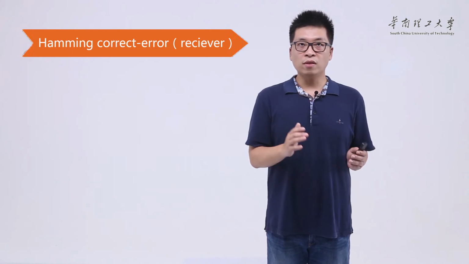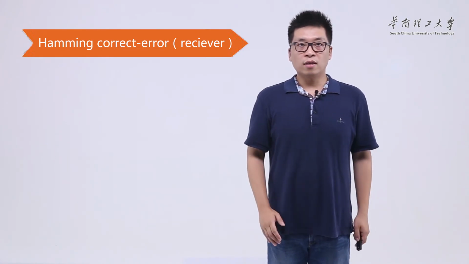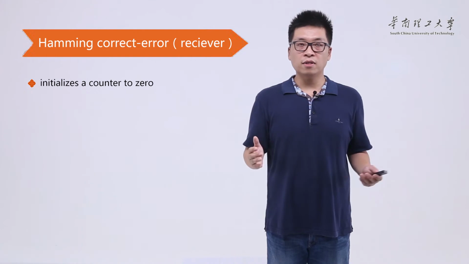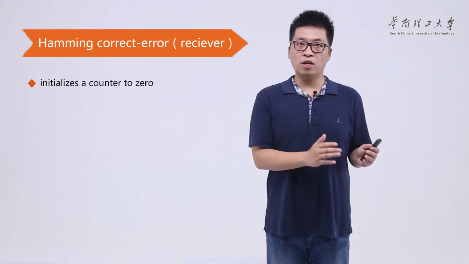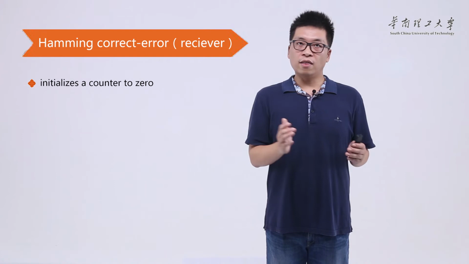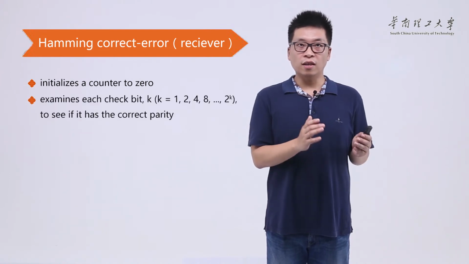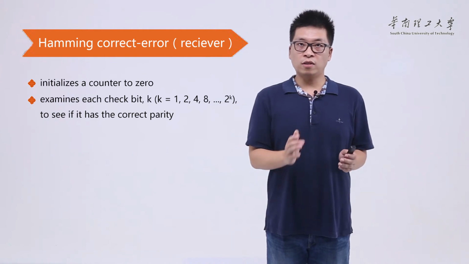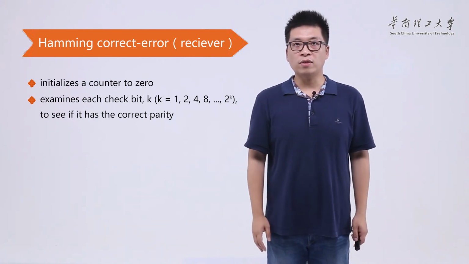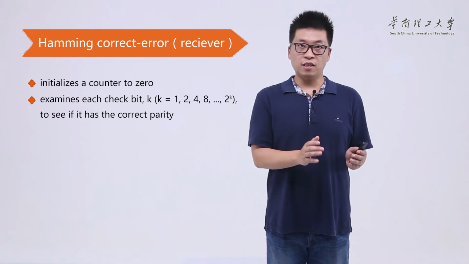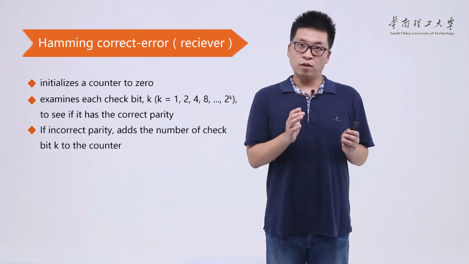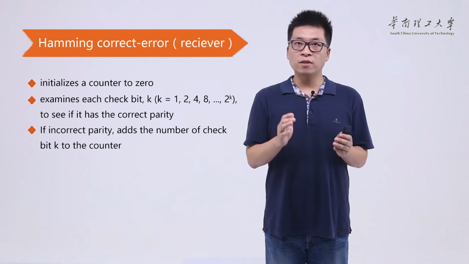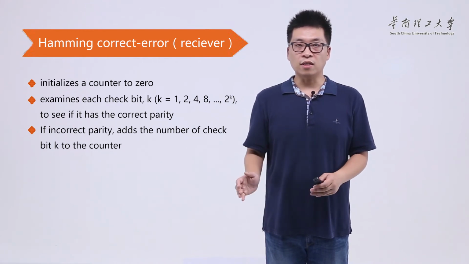The receiver initializes a counter to 0, and then examines the check bits: check bit 1, check bit 2, check bit 4, 8, and so on, 2 to the power k, to see whether each has the correct parity. If it is incorrect, the receiver adds the number of the bit, k, to the counter.